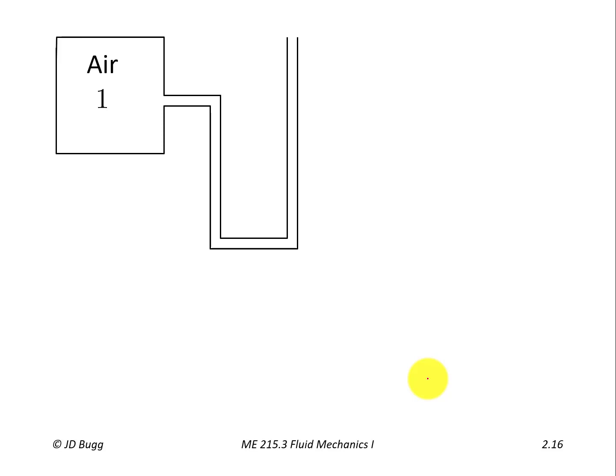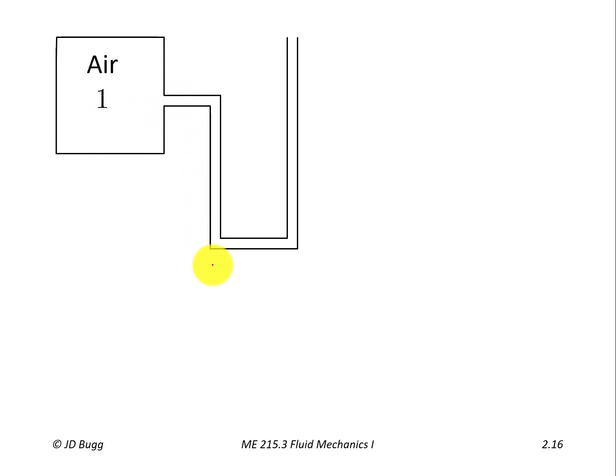There are a lot of different configurations of manometers, and the lab is going to go into this in quite a bit of detail. You'll see several different styles of manometers in the first lab in the course, but the basic idea is this. If we had a chamber here, in this case a container of air, and we wanted to know what the pressure of the air was, one way to do that is with a manometer.